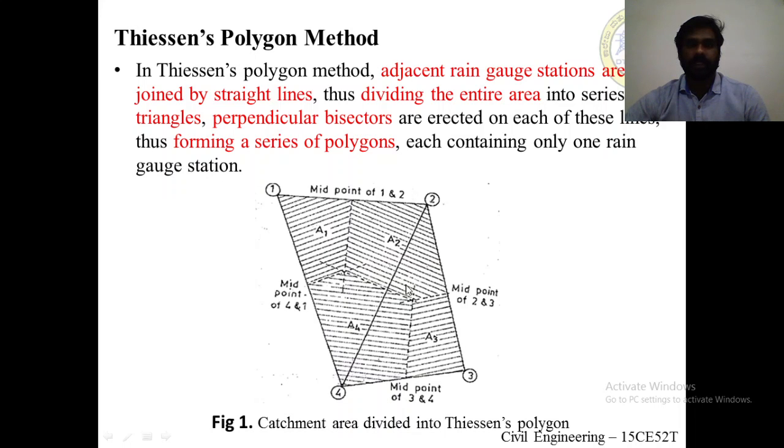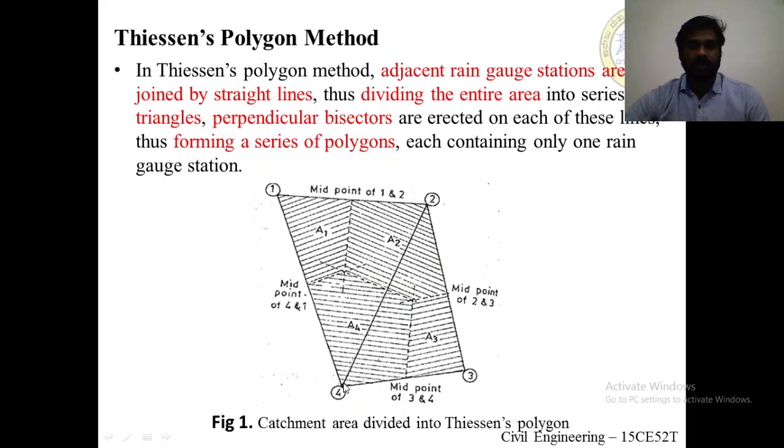What these perpendicular bisectors do is divide the whole catchment area into a series of polygons, each containing only one rain gauge station. You can see in the diagram here, the whole catchment area is divided into 4 polygons and each polygon contains one rain gauge station.